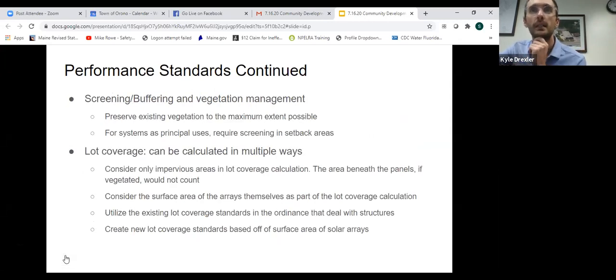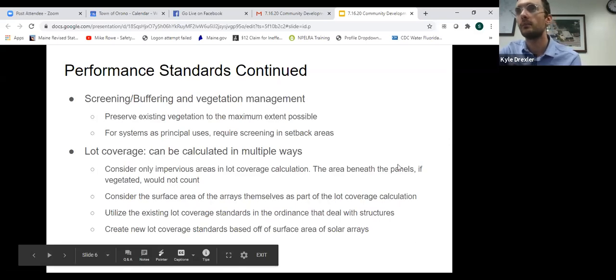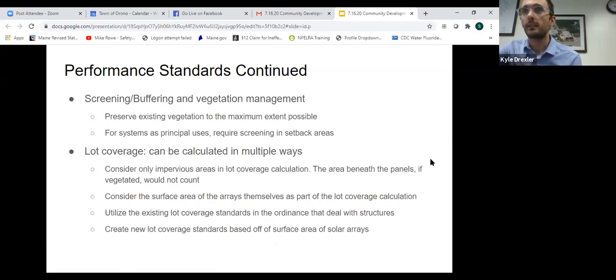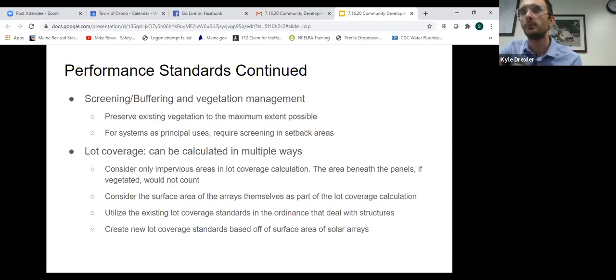So the next performance standard that comes up a lot is screening and buffering and vegetation management in general. We already have screening and buffering standards in our ordinance, but this would obviously be specific to this. Again, it would most likely be for the larger scale or medium large scale projects where it was the principal use of the lot.